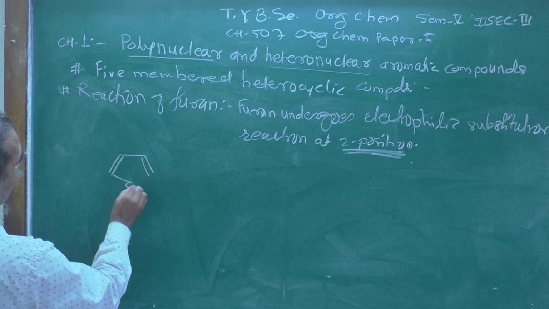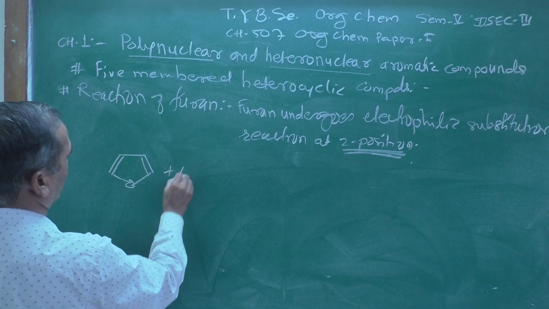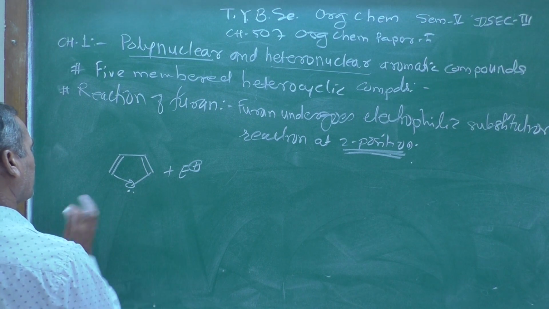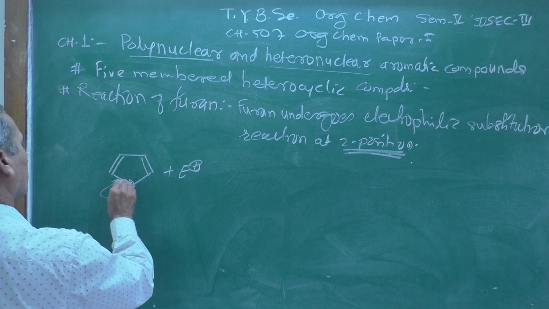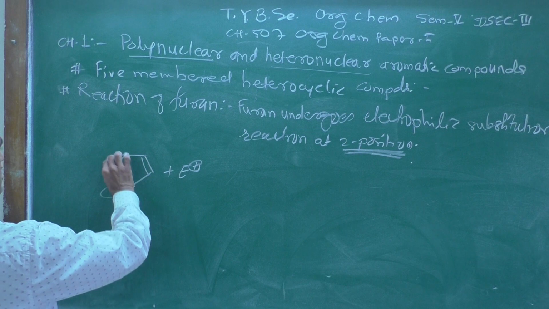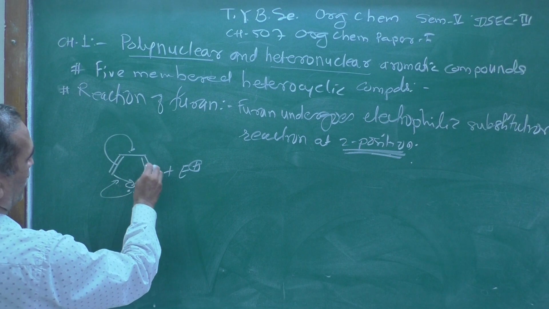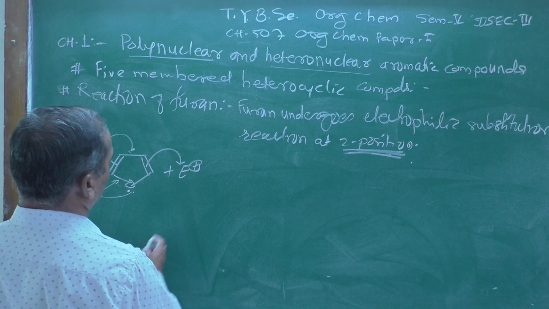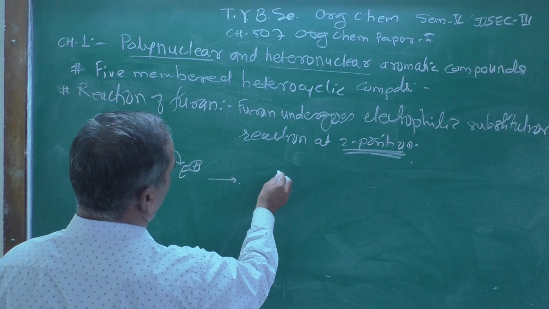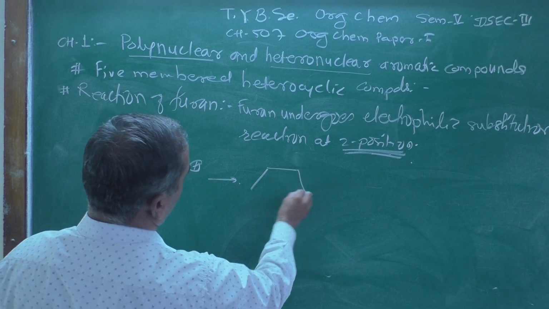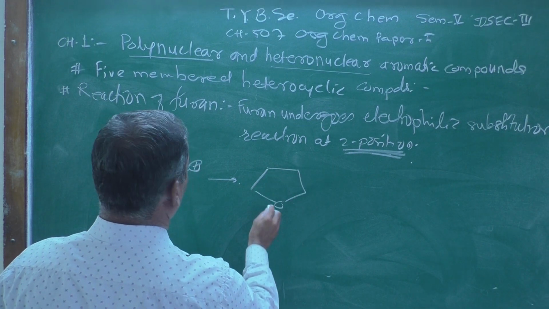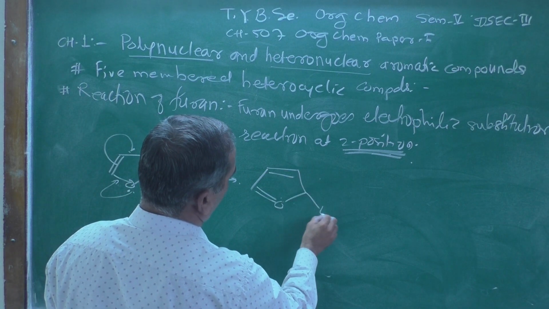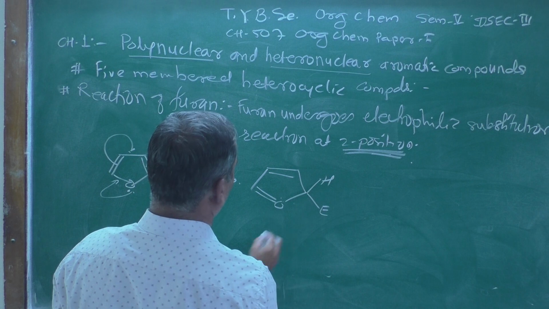Let's see here, right? And then the electrophile over. In general, when a lone pair is present on it, this lone pair forms a double bond here, and this double bond shifts from here to here, and this double bond attacks on it, so that we get the product, this one, O. Here is a double bond, one double bond here, and the electrophile attacks over there. There is a hydrogen atom.